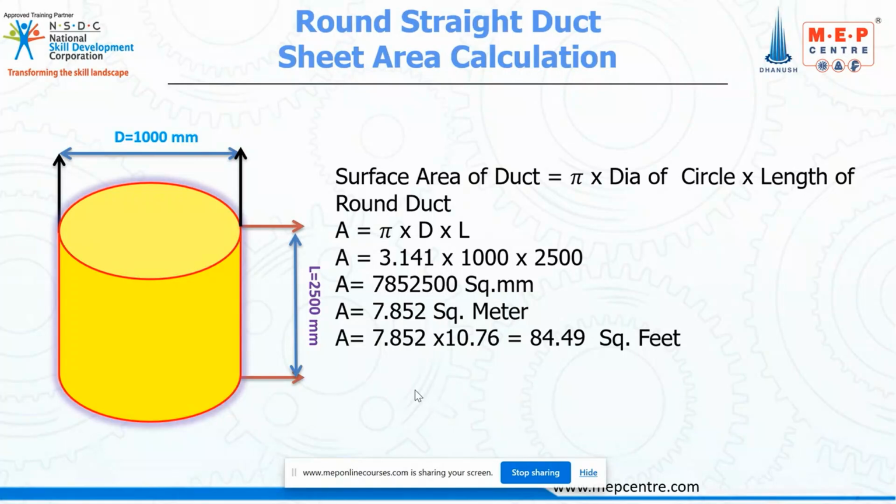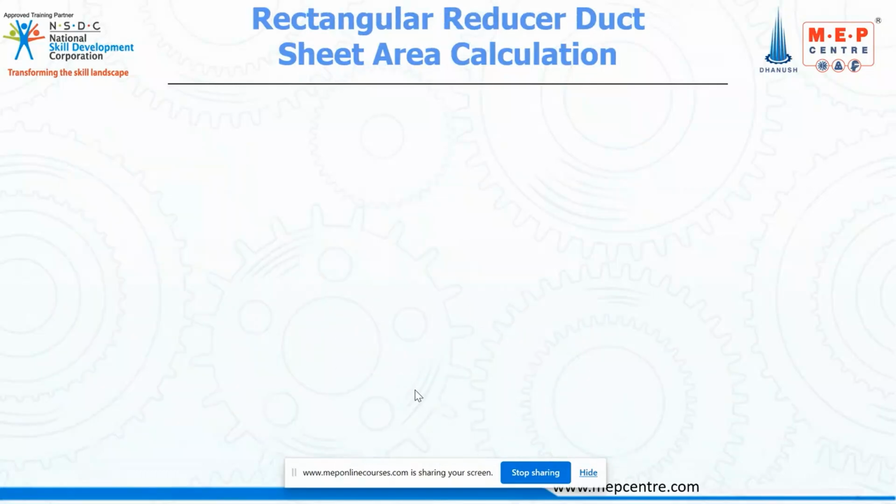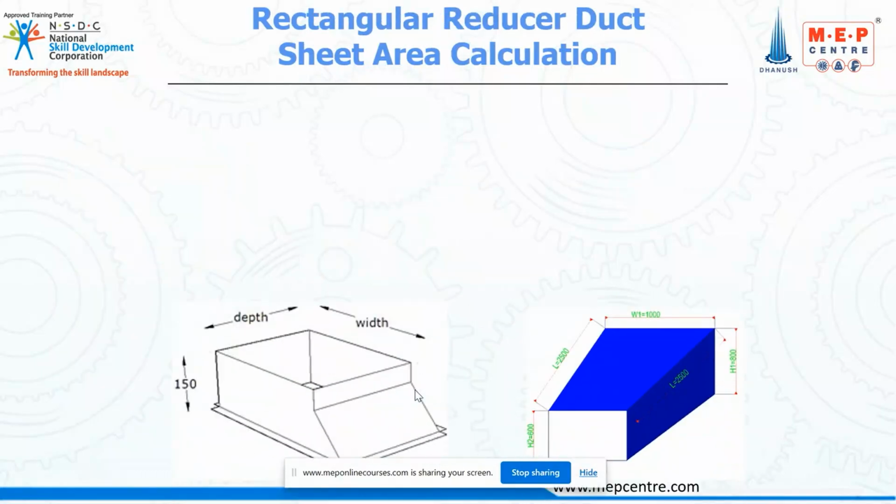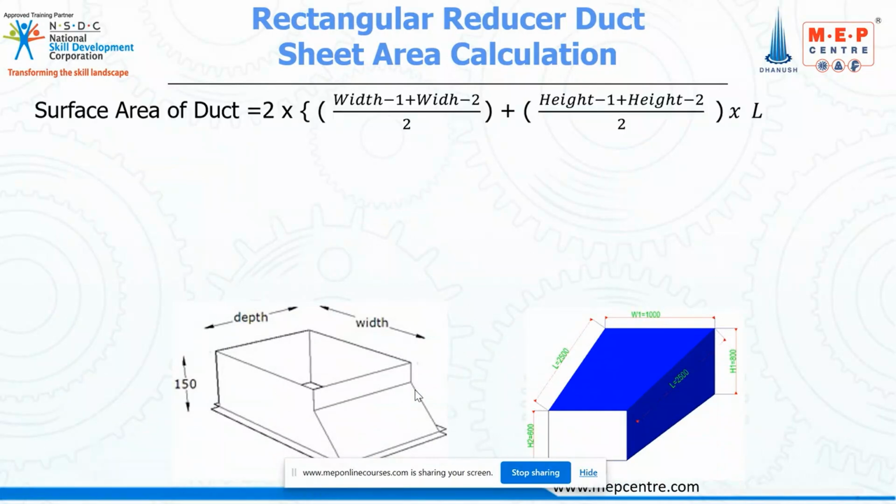Okay. So like that we have formulas for each and every fitting. We have formula for shoe collar or reducer. So the surface area of a reducer is 2 into width plus height into length में. So 2 into width plus height into length में हमने क्या किया इधर?